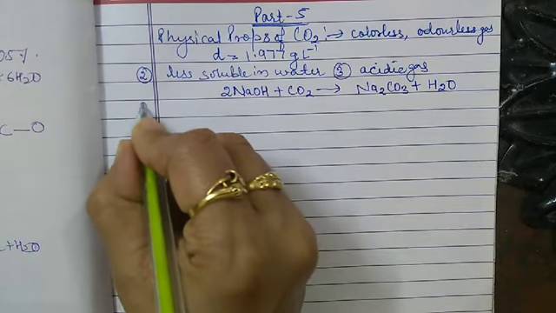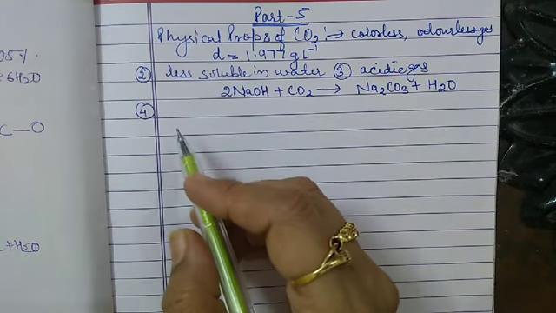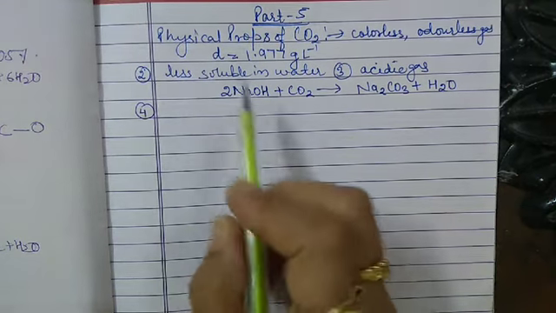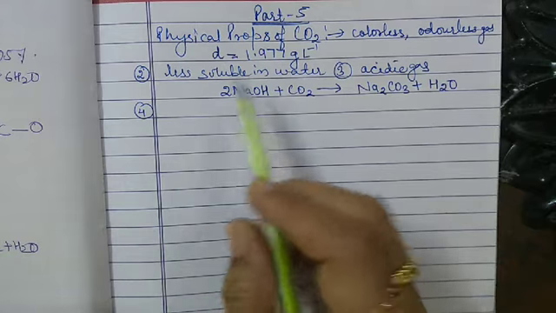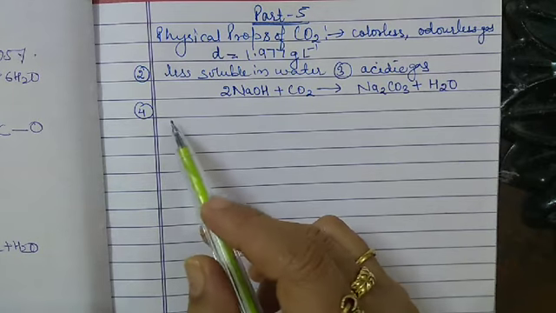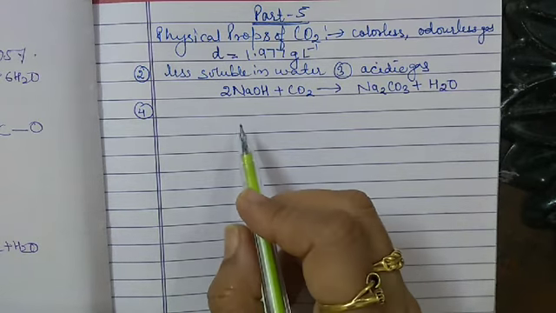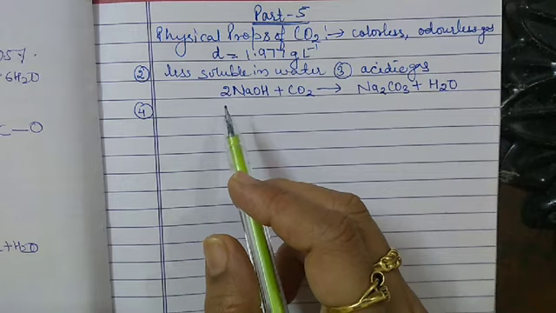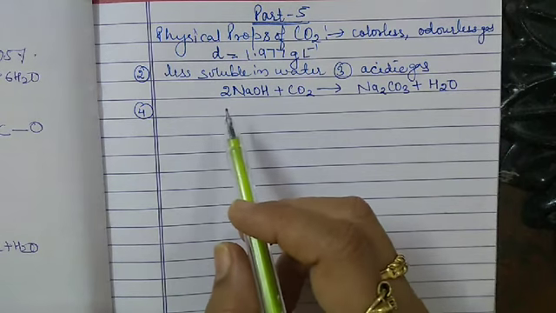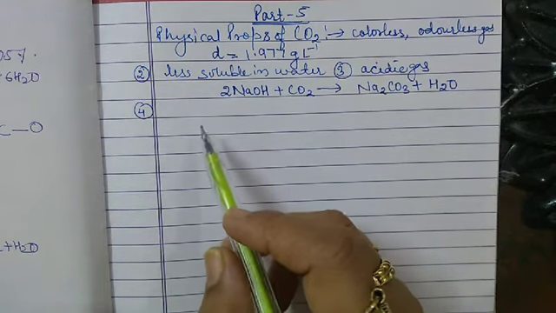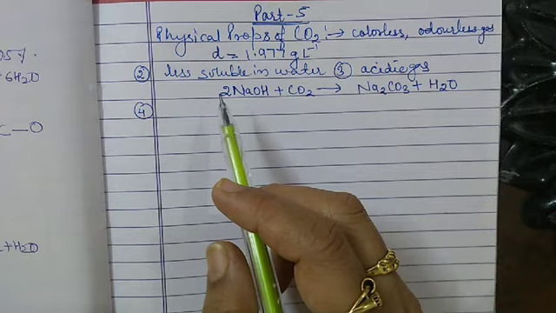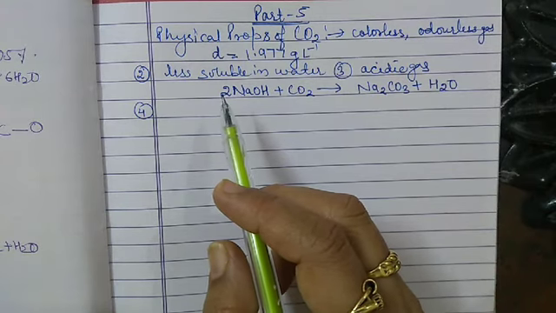The fourth physical property is when carbon dioxide is dissolved in water, it forms carbonic acid. The formula for carbonic acid is HCO3.